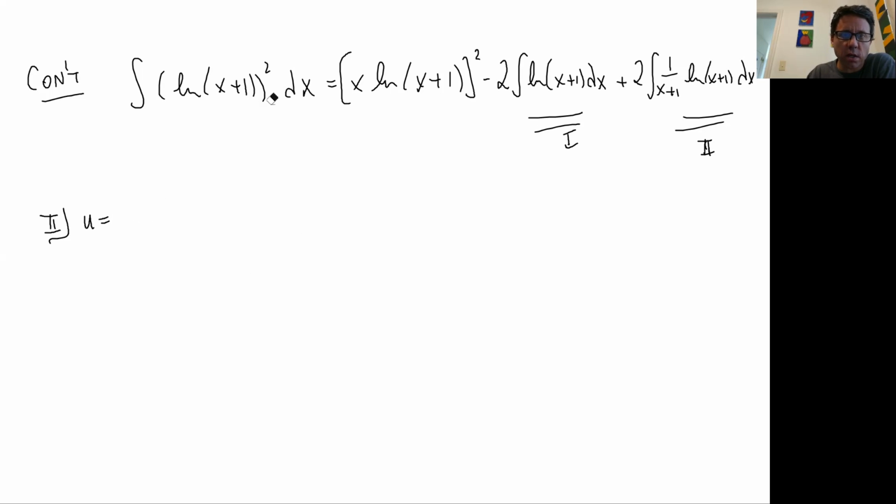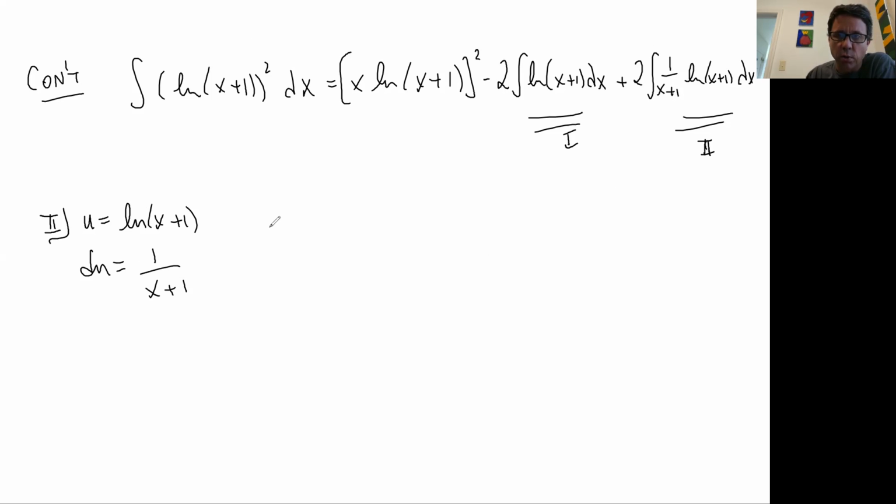Even easier. So I do u equals the natural log of x plus 1. Because how do you do u substitutions? You look for one function where the derivative is the other function. And that's exactly what I have here. Derivative of log is 1 over. If I do this, then du is 1 over x plus 1.